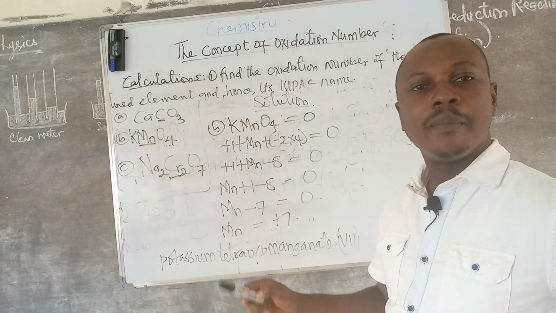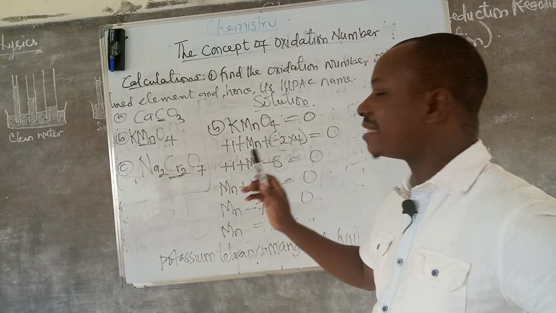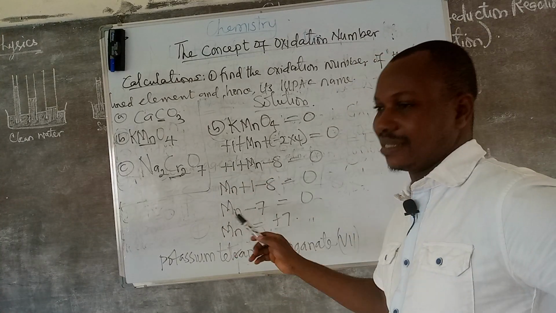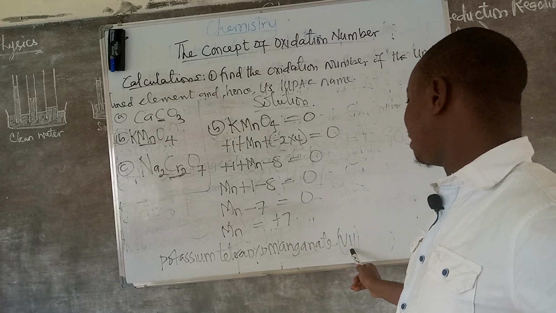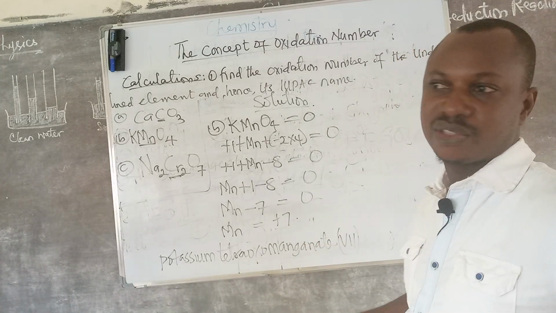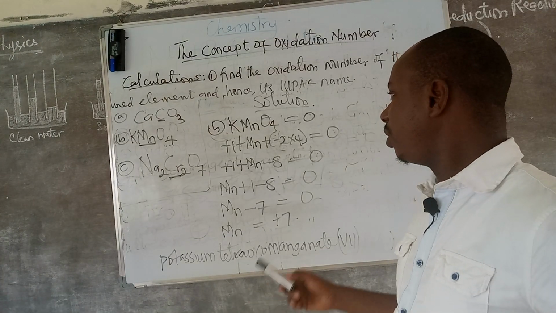Remember, manganese when it is standing alone, manganate when it is combining with something else. These numbers are not just called arbitrarily. They are determined by oxidation number.